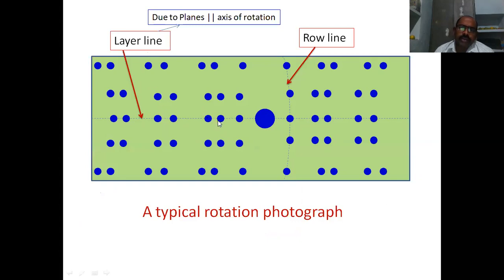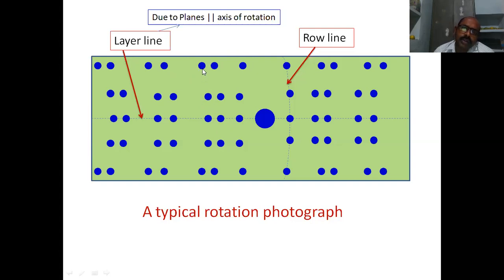If the spots are far away from this layer line, it indicates that those planes are nearer, their interplanar spacing is small, so 1/d is higher.